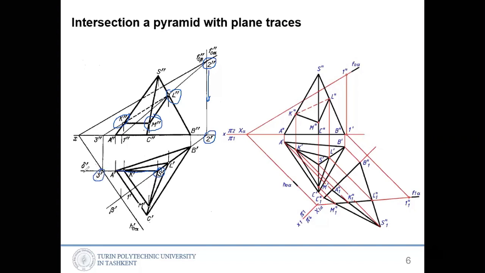So we are cutting like this, and we need to find that point in the front view plane. That 3 dash made this 3 2 dash point. Then we are making a line parallel to this trace, and that will generate K2 dash and L2 dash. Okay, so those are 2 points.